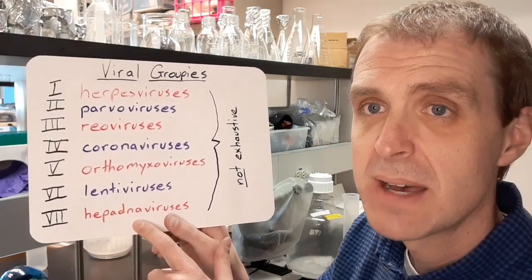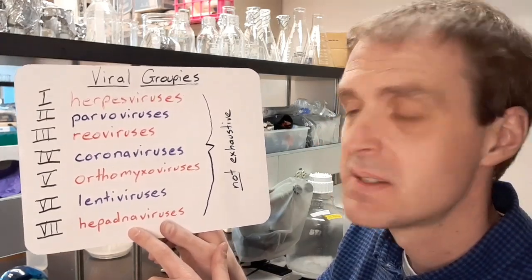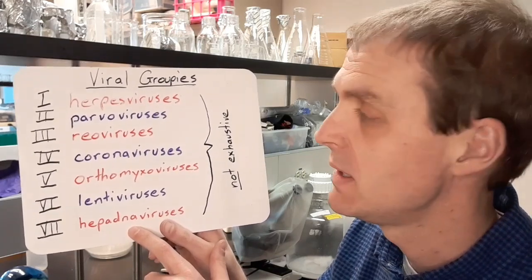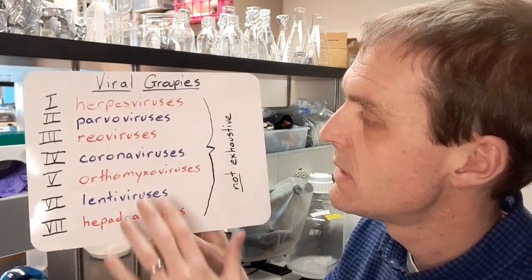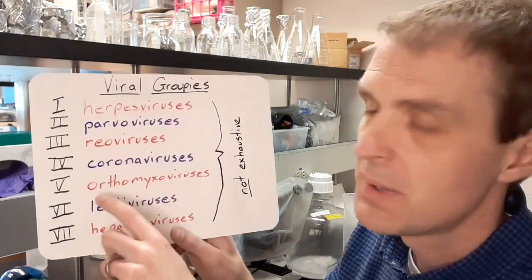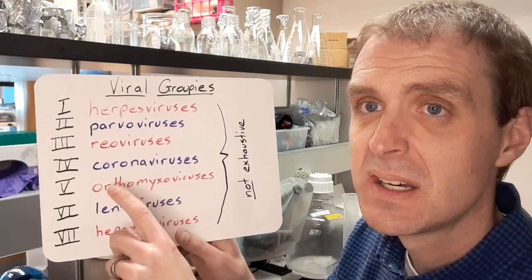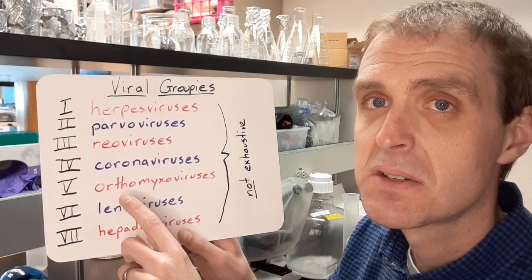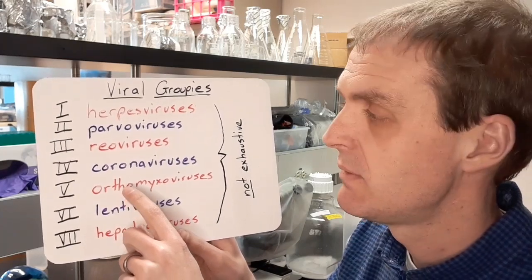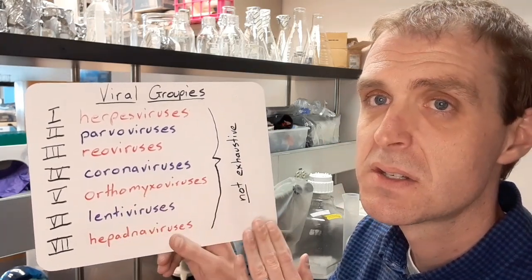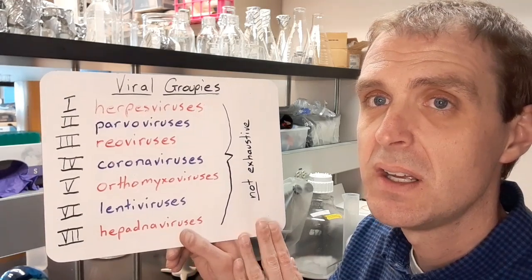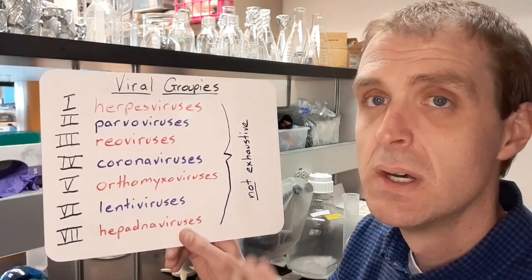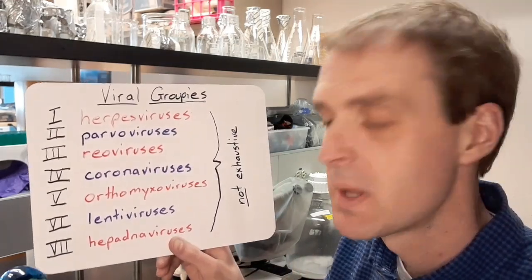And then group 7 are the hepadnaviruses, and those have that weird circular DNA genome. Okay, so there's just an example. I do want to point out that there are tons and tons of positive single-stranded RNA and negative single-stranded RNA viruses that infect humans. So again, just remember, this is not an exhaustive list of the different virus groups.